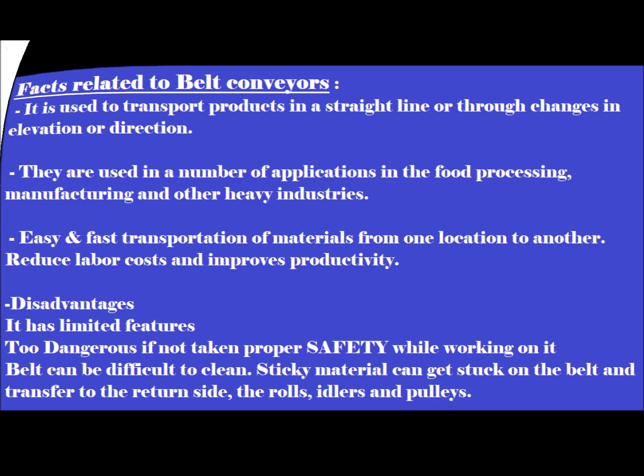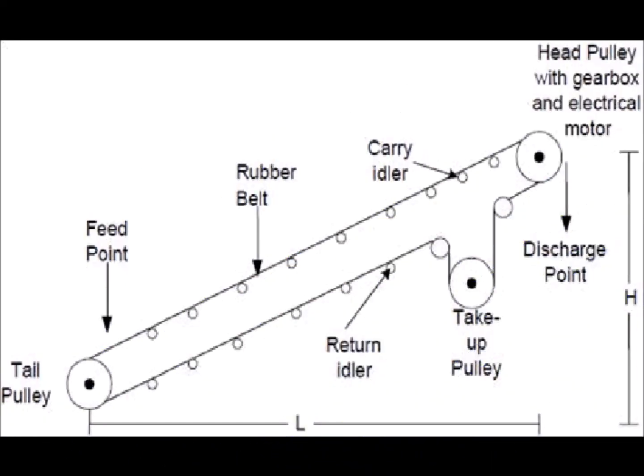Next slide will show how the conveyor system looks. Starting from the left hand side bottom, that is tail pulley, here ZSS will be placed. Next point is feeding point, here any material will be fed to the conveyor belt. Next we can see the rubber belt. This rubber belt is generally being used, it can be of any other material too. After that we can see carry idlers, and on the top you can see head pulley with gearbox, this is the mechanical part, and electrical motor to provide movement in the conveyor system.